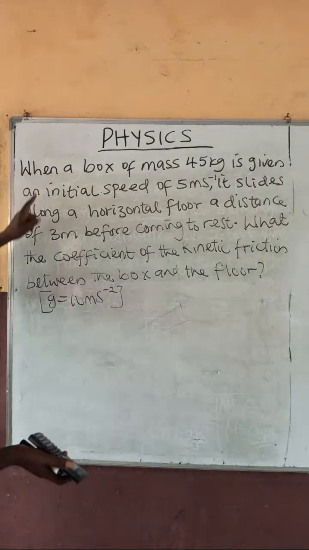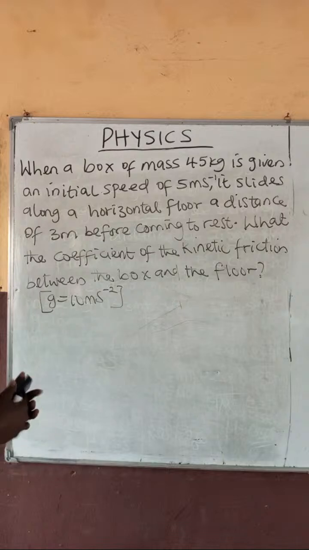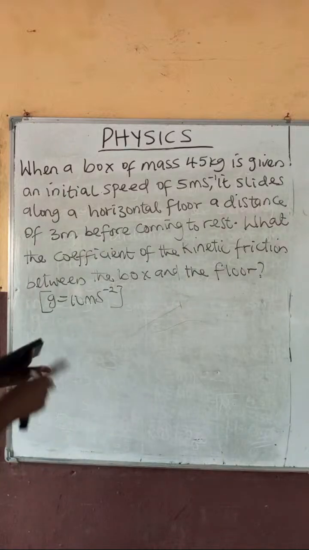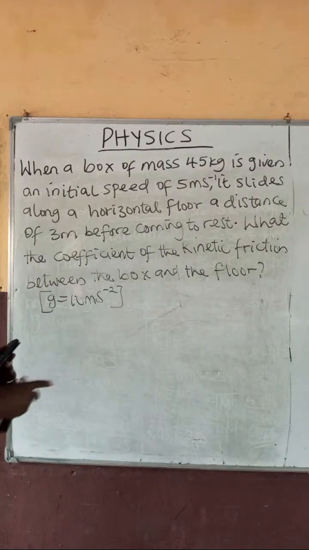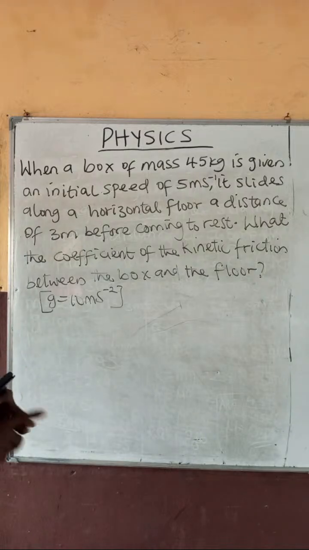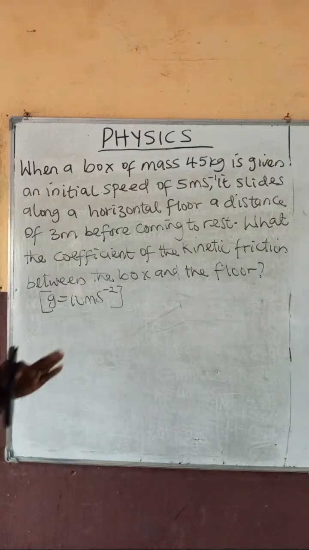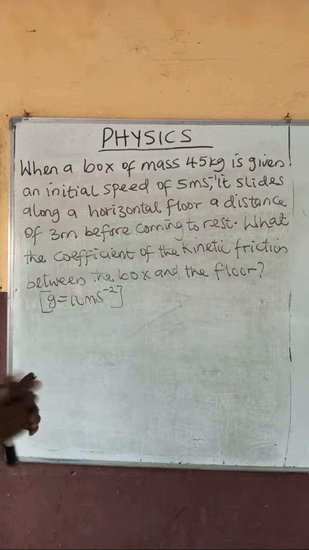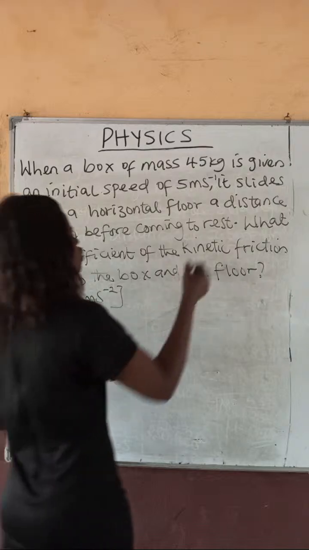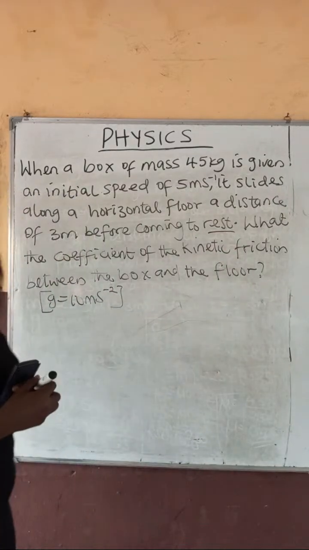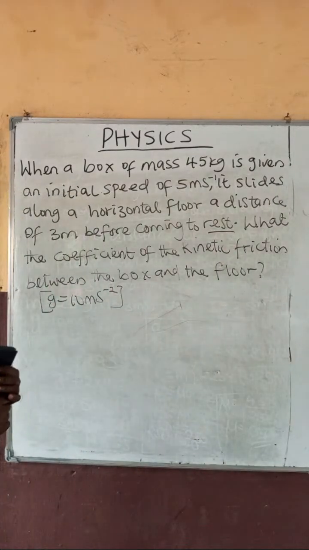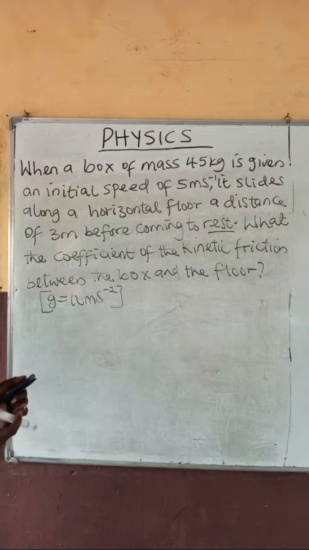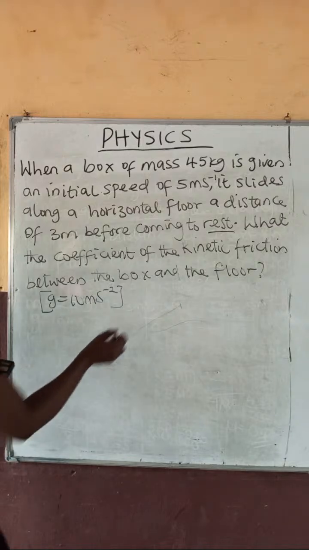Now, a box of mass 45 kilogram is given an initial speed of 5 meters per second, it slides along a horizontal floor a distance of 3 meters before coming to rest. This word rest means that the final velocity of the body becomes 0. What is the coefficient of kinetic friction?